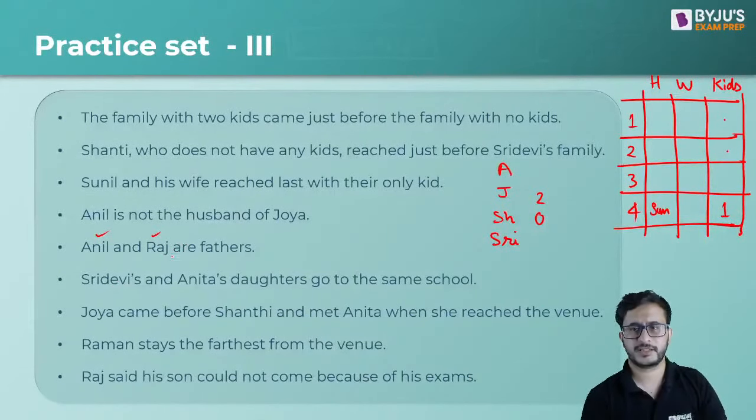So Anil, Raj are fathers. One person remains, which is Raman. So Raman will not be a father. So Raman is married to Shanti.